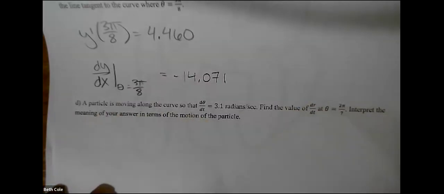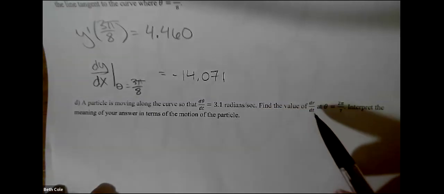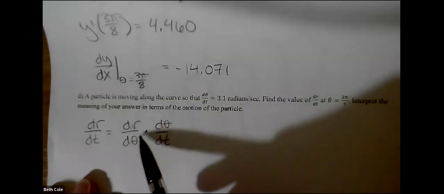This is particle motion. Particle is moving along the curve r so that d theta dt equals 3.1 radians per second. We want dr dt at 2 pi over 7, and then we're going to have to do a little interpretation of what's going on. So we want dr dt, and that is going to be dr d theta times d theta dt. You can think of it like the d theta is canceling out.